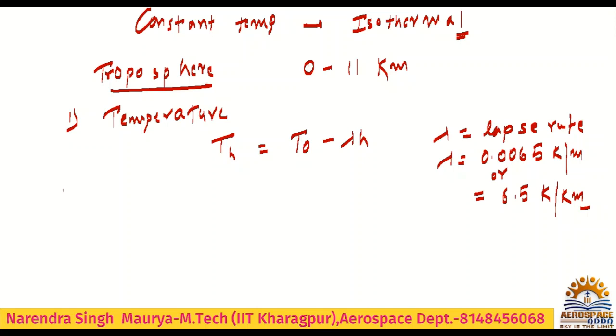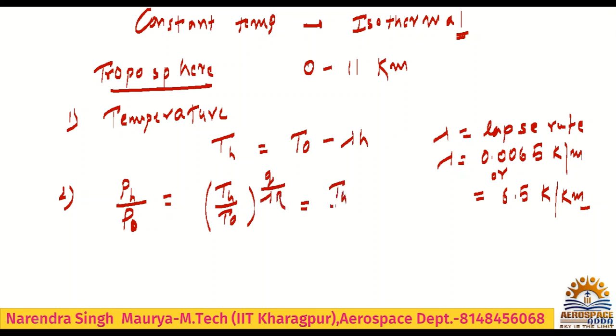So temperature you can calculate. Similarly, if you want to calculate pressure at a particular altitude, where h is the altitude, pH over sea level pressure is TH divided by T naught, to the power G by lambda R. If you calculate, it is 5.25.